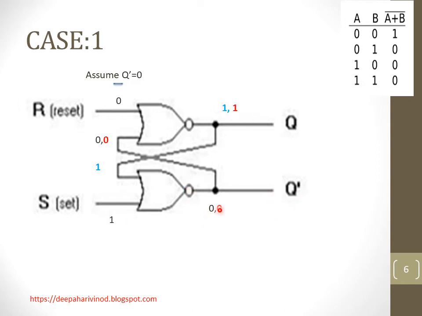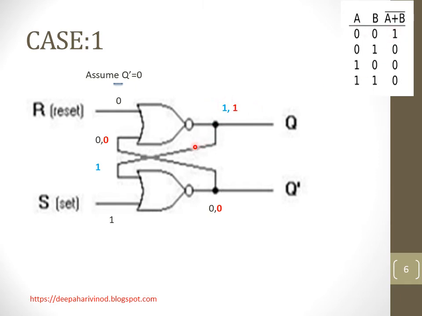So if Q bar is 0 and this is supposed to be 1, isn't it? So that 1 will come here. So 0 0, see here, 0 0 NOR gate, it is 1.